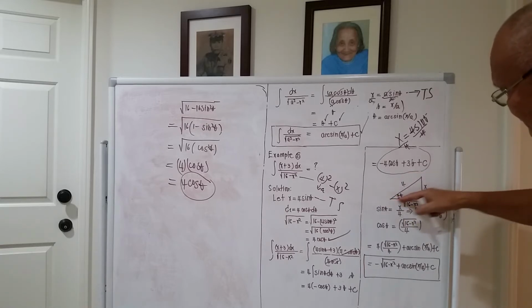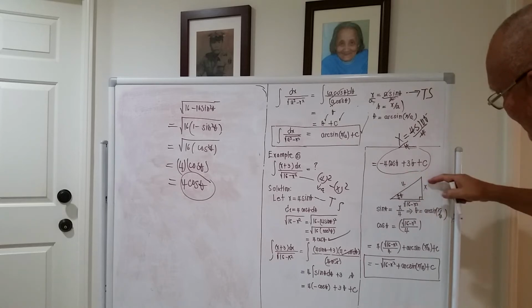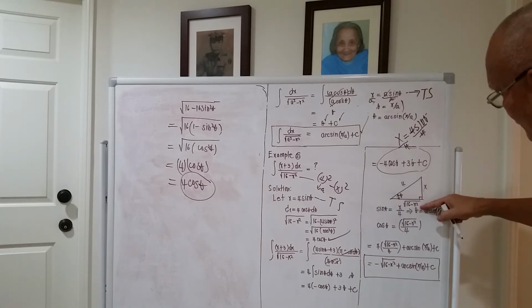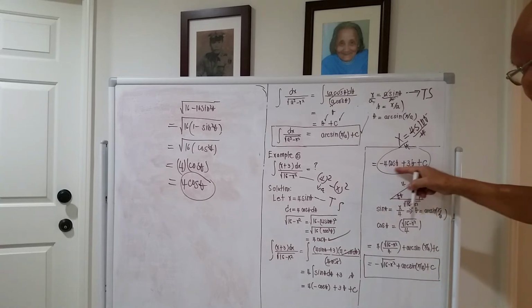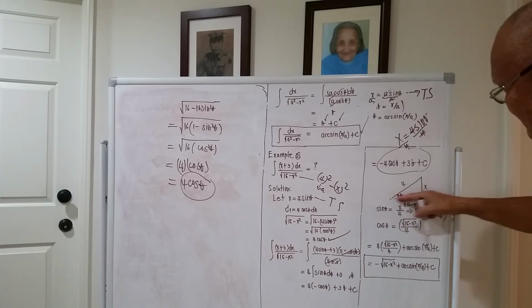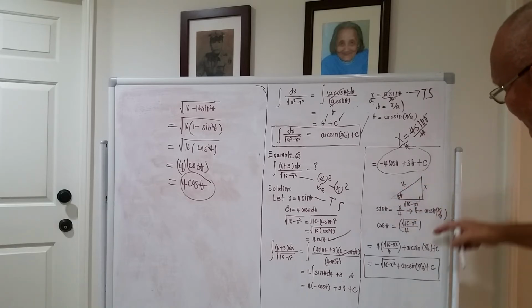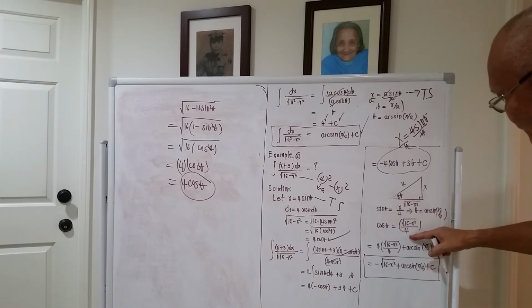The adjacent side, considering this angle, is the square of the hypotenuse minus the square of the opposite, then take the square root. Therefore, we need the value of cosine of theta. The cosine of this angle is adjacent over hypotenuse. Cosine of theta is the square root of 16 minus x squared over 4.